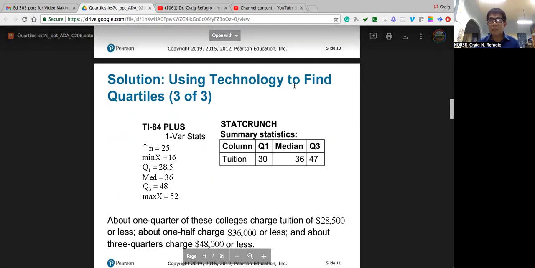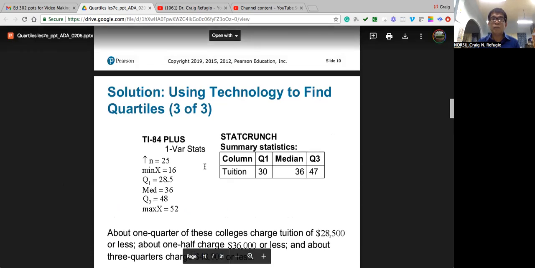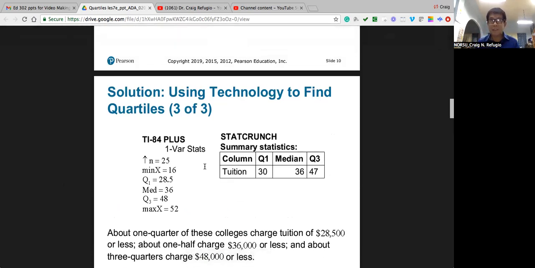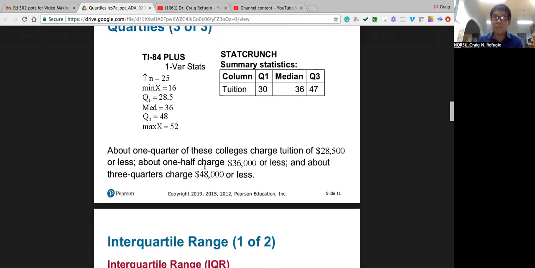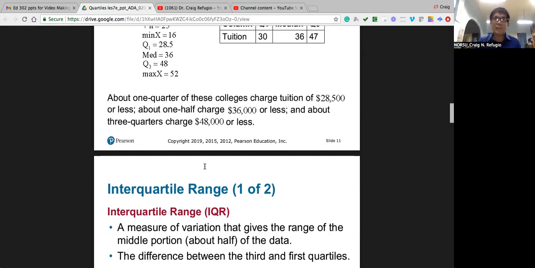StatCrunch can generate it directly, and SPSS can generate those values automatically too. I'll introduce that in another video when we talk about the software to calculate the quartiles.